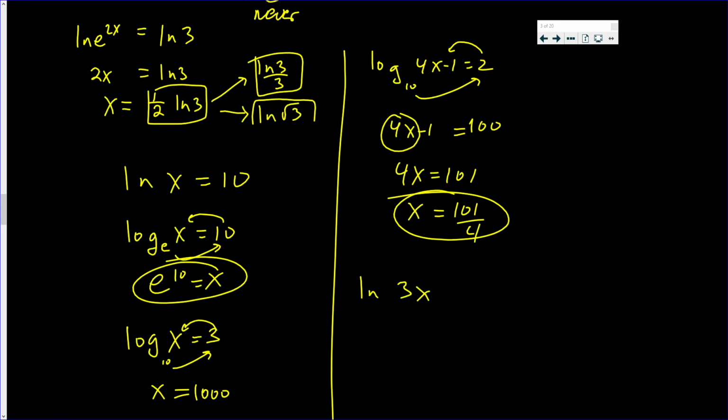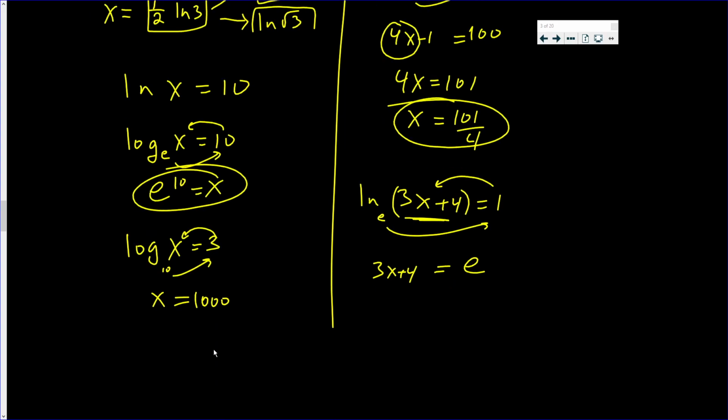ln of 3x plus 4 is equal to 1. Well, you should know that ln of e is 1. But if you forgot, remember there's an e there. e to the 1, which is e, is equal to 3x plus 4. Like I said, 3x plus 4 has to be e.